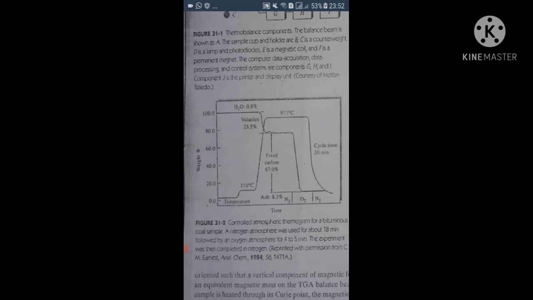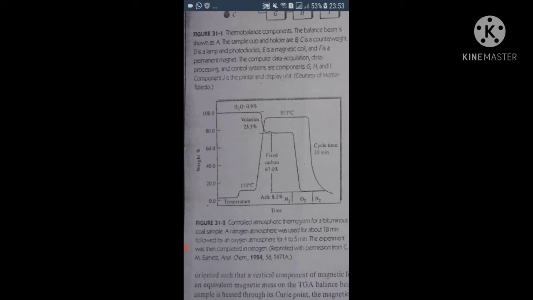We can check the water contents, then volatile matter, then fixed carbon, the one you will burn when you burn the coal. Volatile matter burns and the ash is left, and the rest is called fixed carbon.